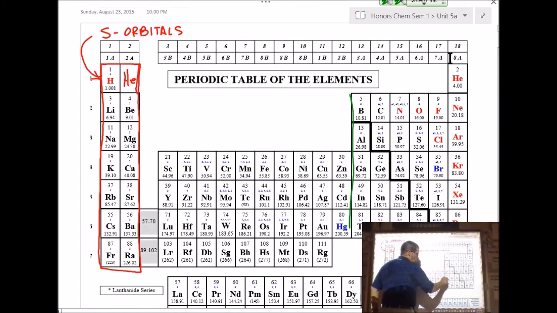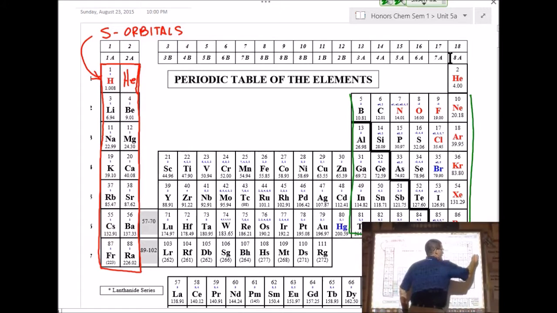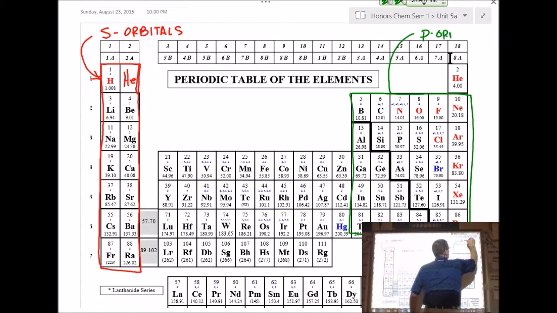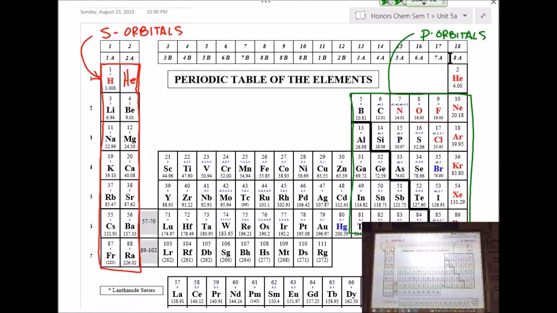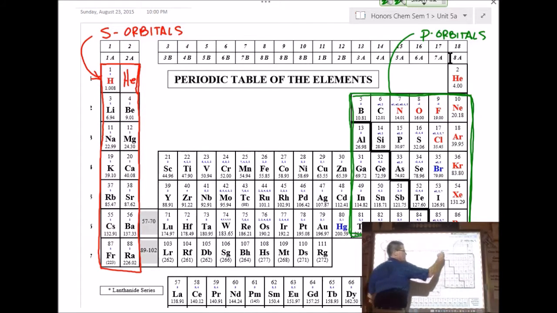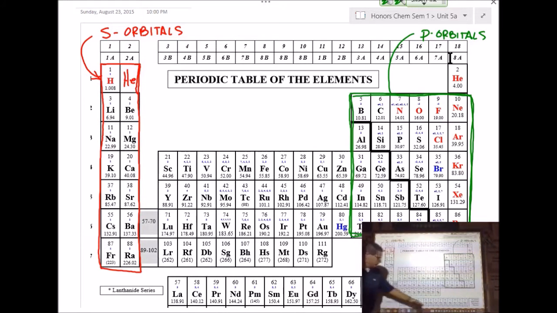These columns right here, excluding helium, represent the p orbitals. So from 3A to 8A, the green area here represents your p orbitals. The red is the s orbitals, the green is the p orbitals.